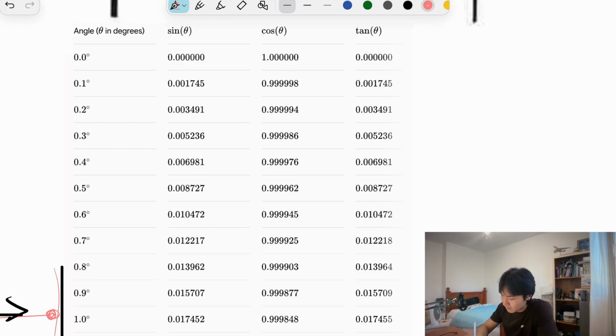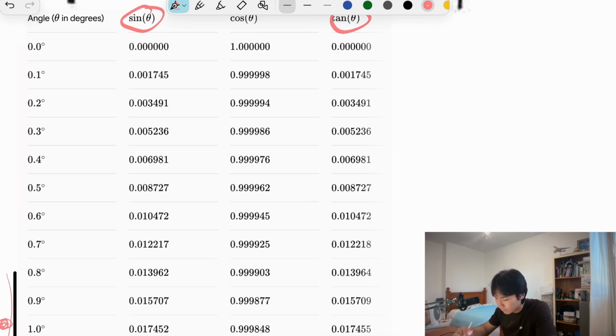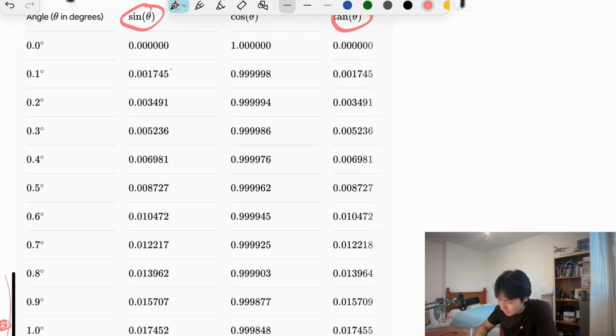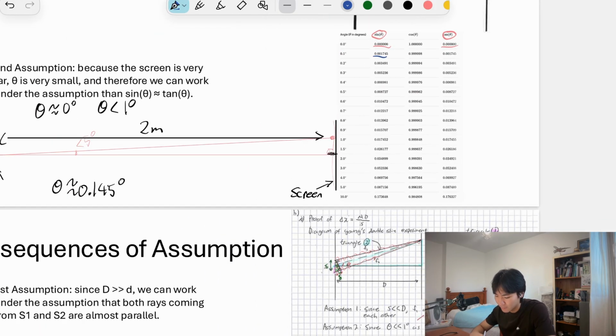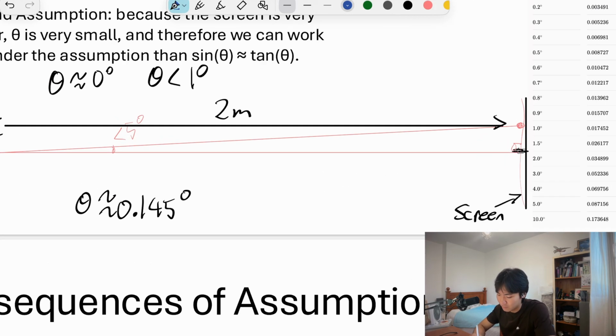On the left-hand side you see the angle in degrees, in increments of 0.1 degrees, then the sine function and the tangent function. At 0, they're all equal. But 0.1 degree, maybe 0.1 to 0.2 degrees, is approximately the standard laboratory condition angle.